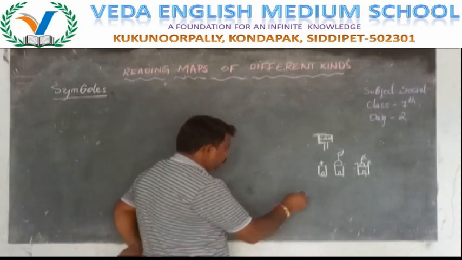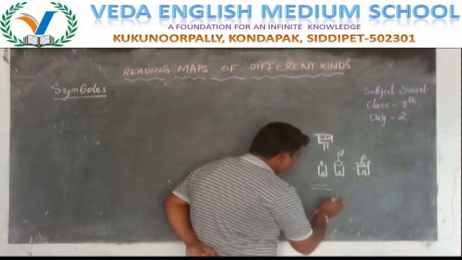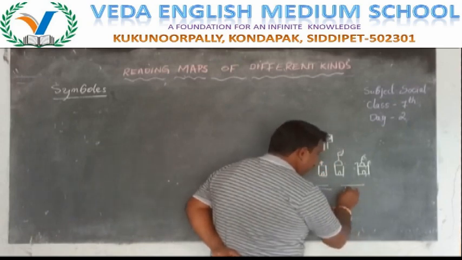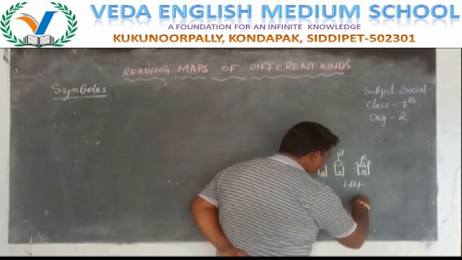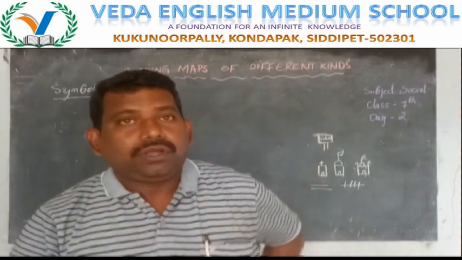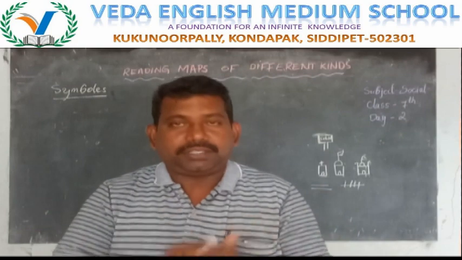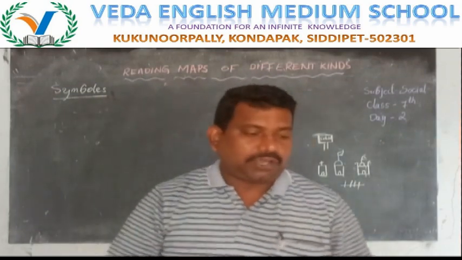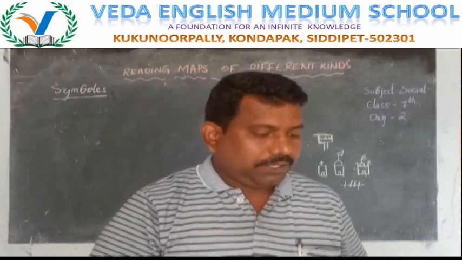If we want to show the Pakka road, we draw like this. If you want to show the railway line, we draw like this. Understand, children? To show the different things on the map, we use different kinds of symbols.